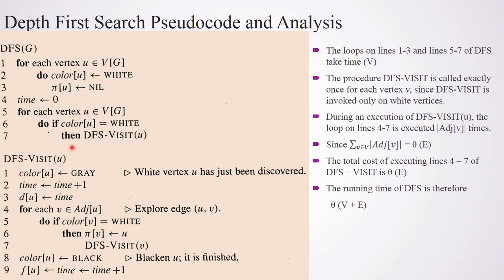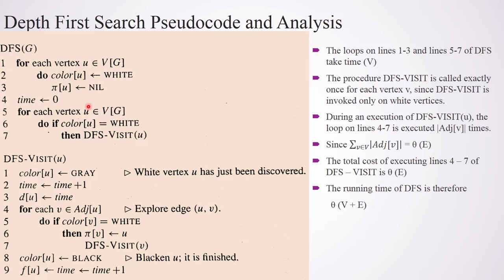So this is the pseudocode and analysis for depth first search. In the first line, for every vertex we are initially coloring it white, and also storing the parent value as nil. We initialize a variable time as 0, because we are maintaining discovery time and finishing time.